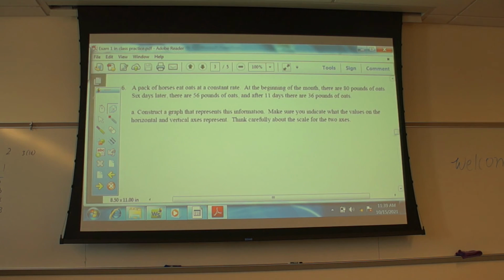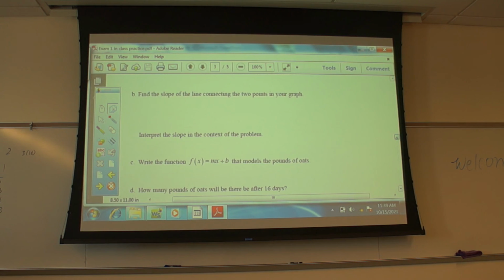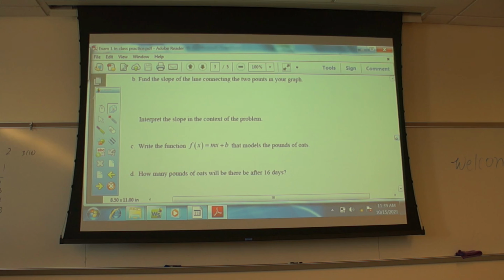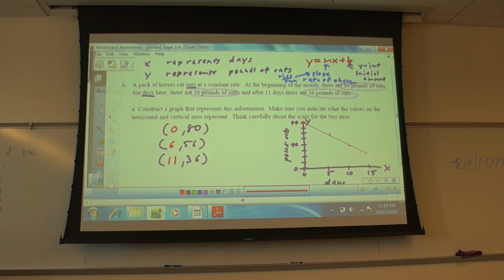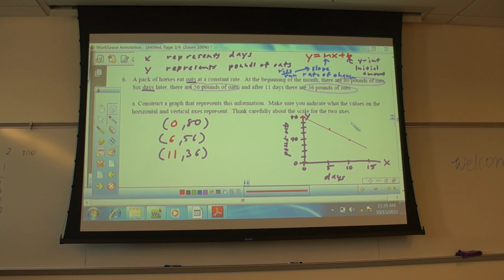Okay, so the next step, find the slope, connecting 2 points of your graph. So you can either do this and say, okay, what's my rise and what's my run? All right, so do whichever one is more comfortable for you. This is 0, 80. This is 6, 56. This is 11, 36.